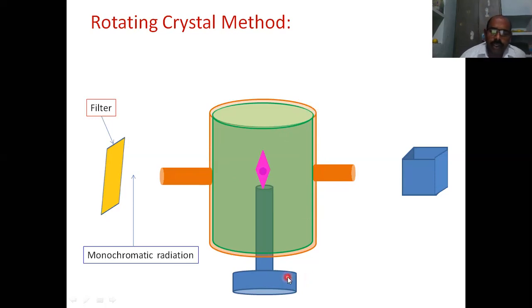This is the goniometer, which is connected to a motor so that it is rotated as per our requirement. Whenever the direct beams come out from here, they are stopped by heavy metal, a rigid body kept in the path of the direct beam. This one is a single crystal, and we get monochromatic radiation here.